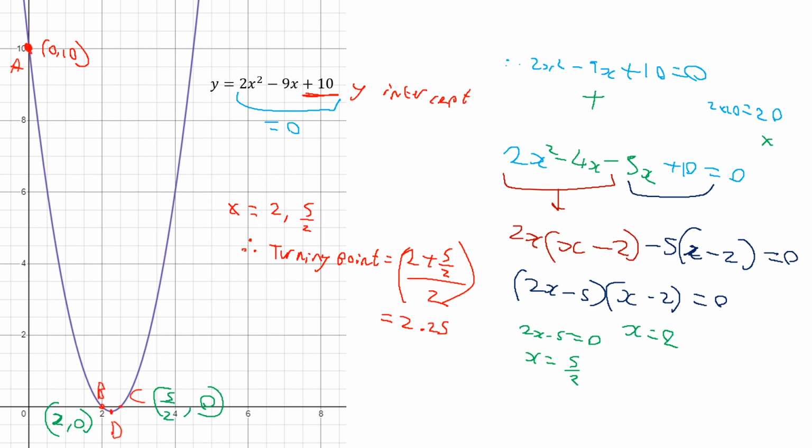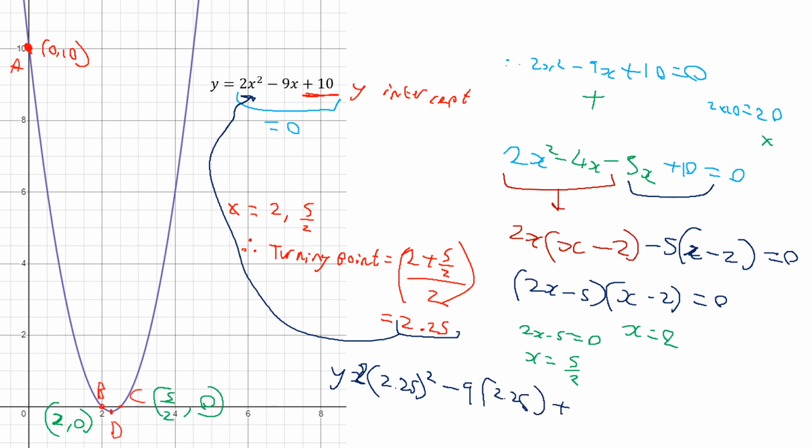Now all we need to do is sub in 2.25 into our original equation to work out what y is. So y is equal to 2 times 2.25 squared minus 9 times 2.25 plus 10. If we plug in all of that, we should get an answer of minus 1 over 8.